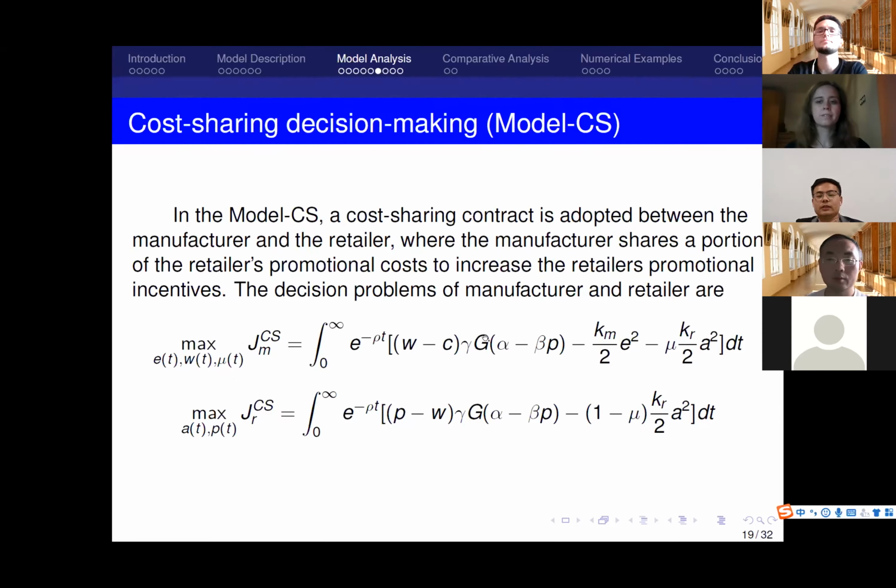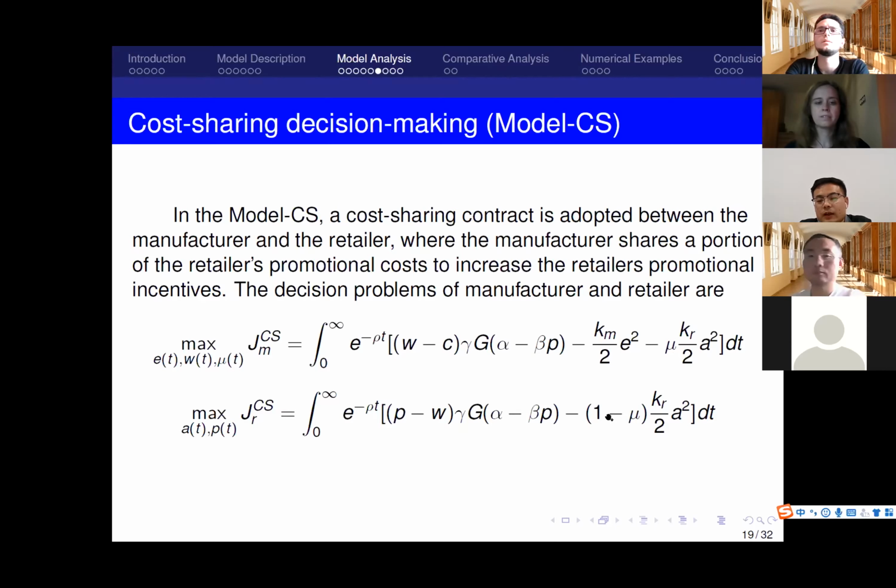This is the same as model D, and the only difference is that the manufacturer shares mu multiplied by the retailer's cost function. And this is the retailer's objective function.